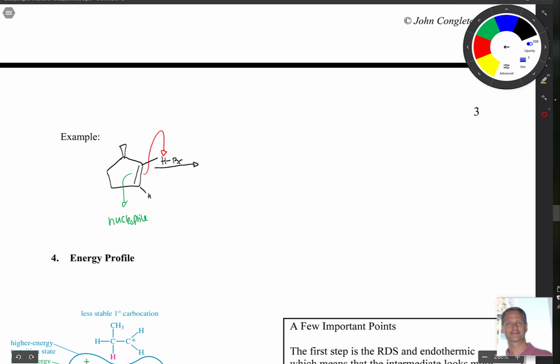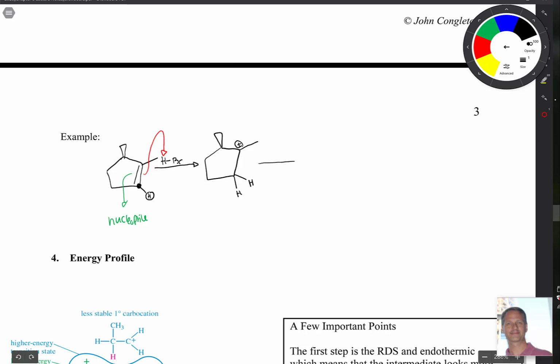Now we know from the Markovnikov rule, and also from the stability of our carbocations, that the H atom is going to go down here. That carbon has more H's, so it's going to get more H's. What that leaves us with is the more stable carbocation. I tend to think of carbocation stability rather than the rich get richer, but anyway, they lead to the same thing.